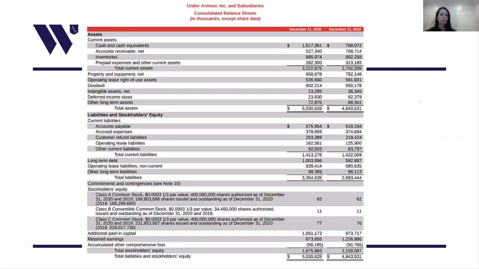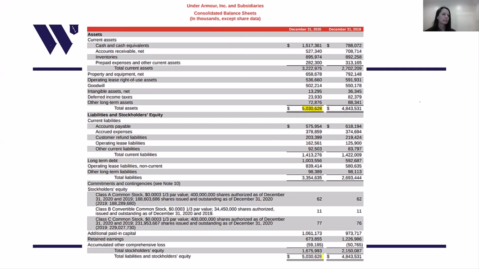All right, so I just wanted to provide a little snapshot of an actual balance sheet. This is from Under Armour from 2020. And you'll notice on here, here's their amount of total assets, 5.030. This is in billions, wow.